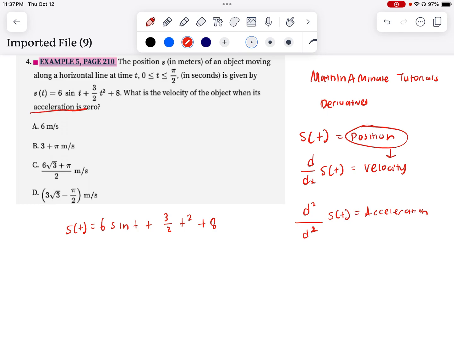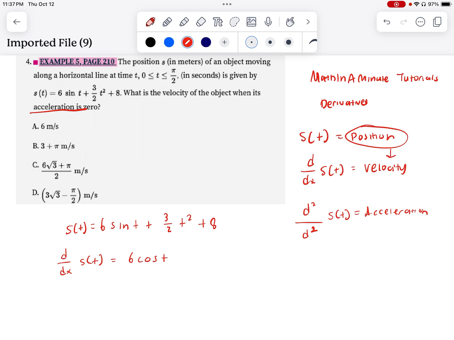So let's do it. In the derivative of this, sine of t turns into cosine of t because the derivative of sine is cosine. So 6 times cosine t.